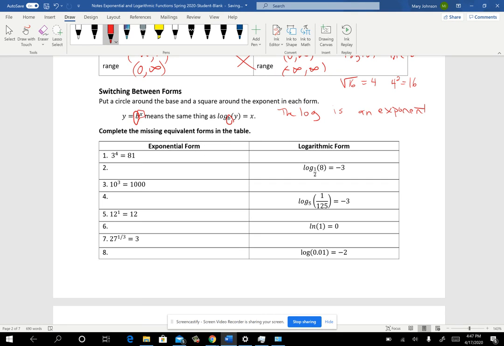You would need on the base, okay, in order to get y. And so log is an exponent. The log of something is an exponent, and the x was the exponent. So it said to put a square around the exponent in each form and put a circle around the base. Okay, we're going to use that to switch back and forth between these.